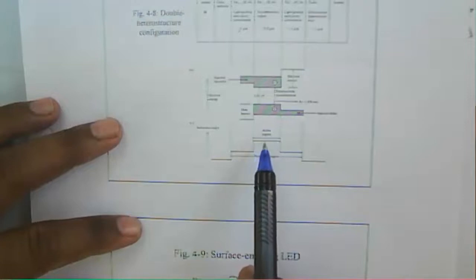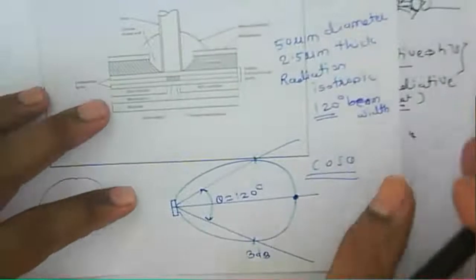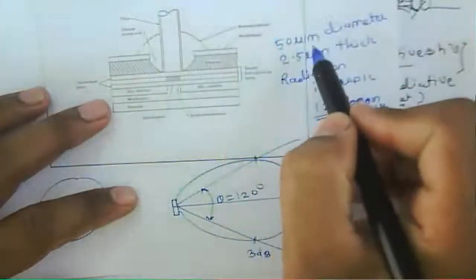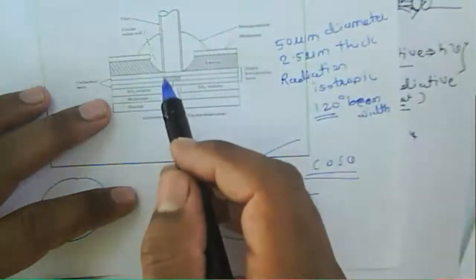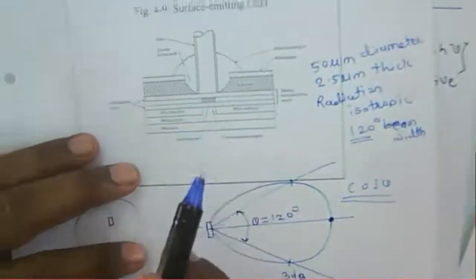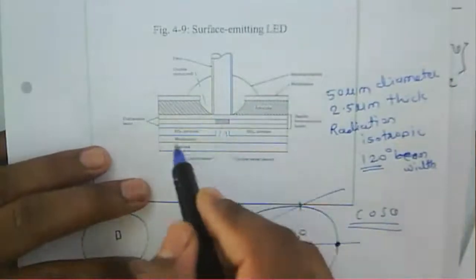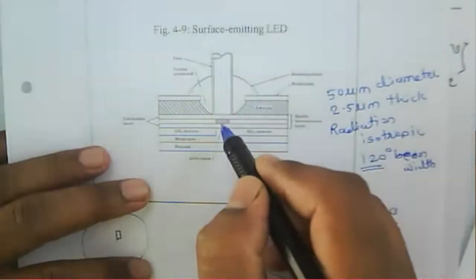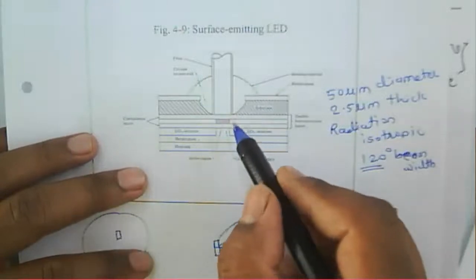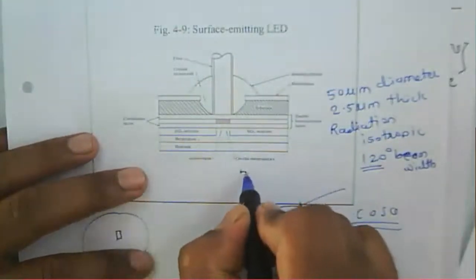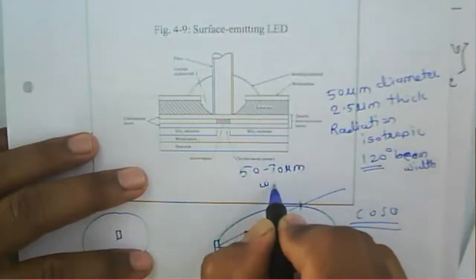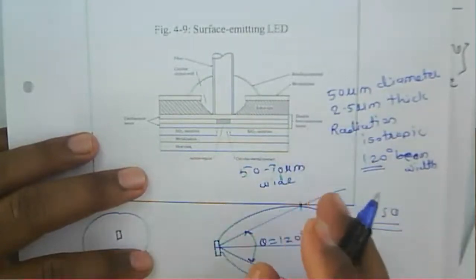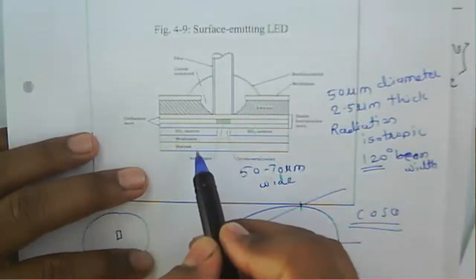And then we say that the fiber diameter is 50 micrometers, or nearly 50 to 100 micrometers. We have the contact to this particular diode, the contact strip for this edge emitter, which is about 50 to 70 micrometers wide. That is the contact strip for this particular diode.